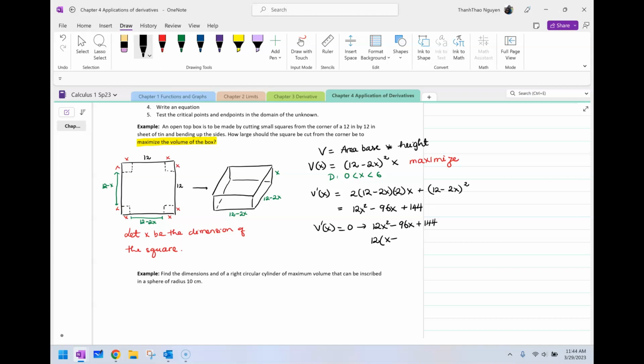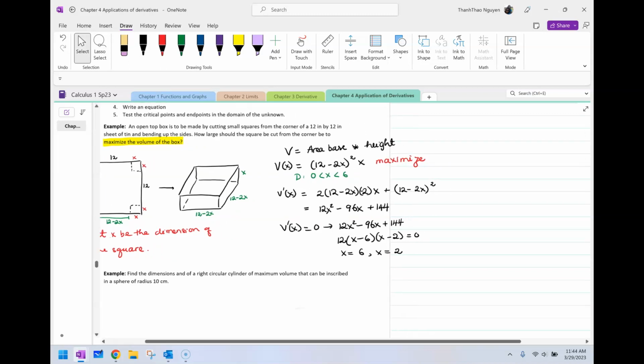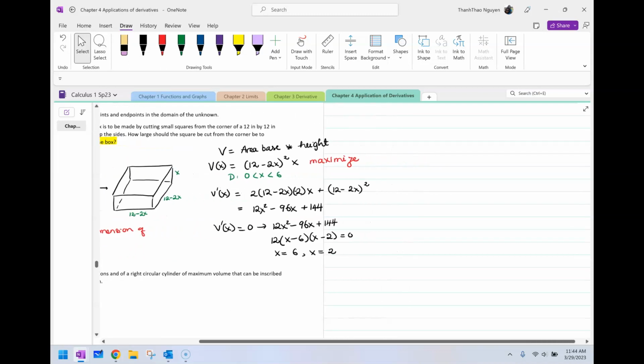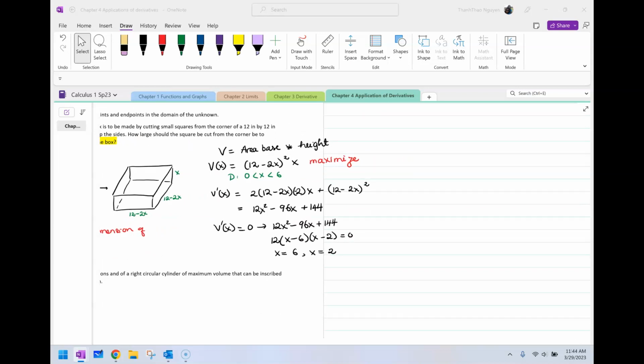This becomes x minus 6 times x minus 2 equals 0. So x equals 6 or x equals 2. Here we have the critical values at x equals 6 and x equals 2.